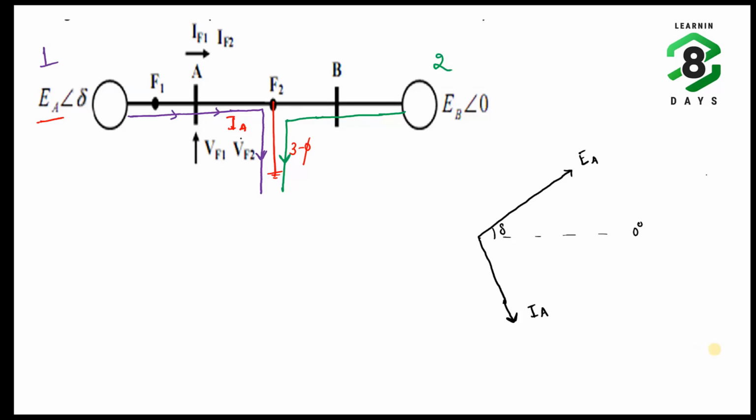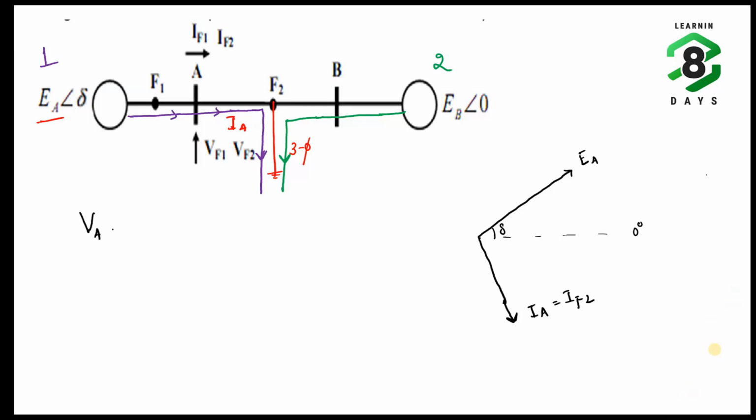IF1 and IA have the same direction as well as the same polarity, because the IA current is flowing in the same direction and it is the same current flowing through the bus bar A. So I can treat this IA as equal to IF2. Understand?